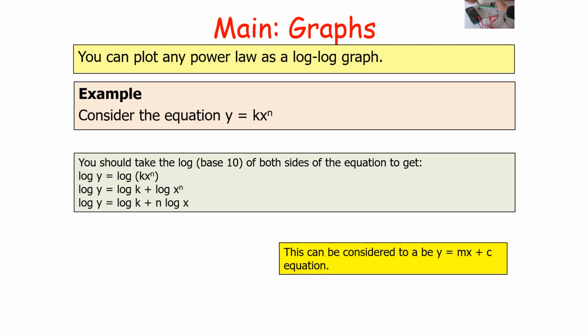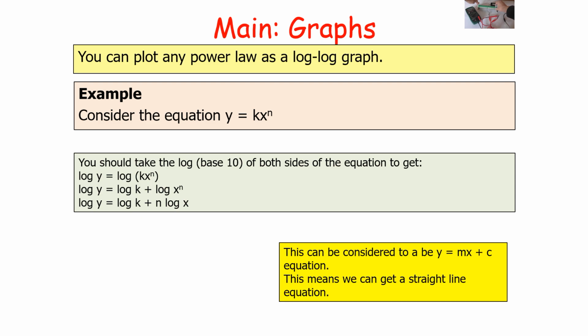Now again, we've got a y equals mx plus c equation here, so we can get a nice straight line graph where we can put log y on the y-axis, log x on the x-axis. So that would mean that the gradient of the line m is going to be equal to n, which is the power term, and log k is c, the y-intercept.